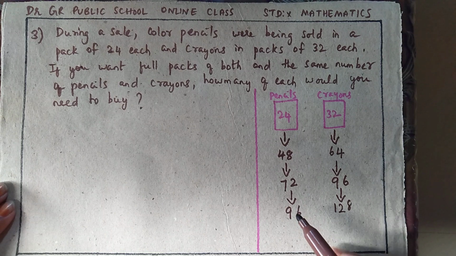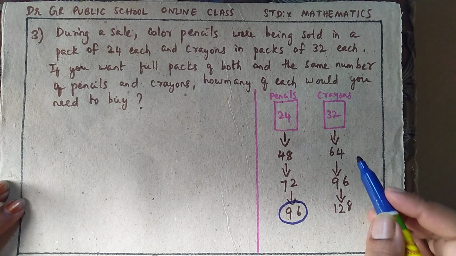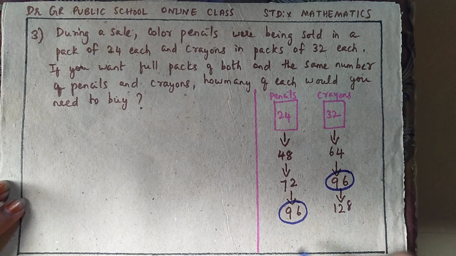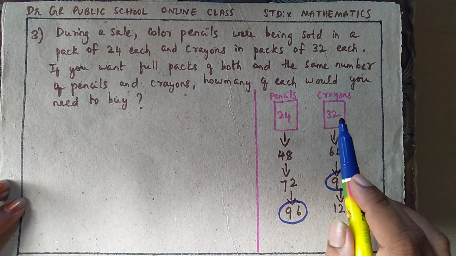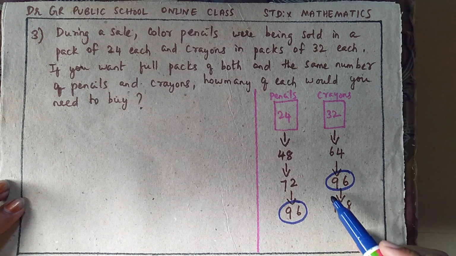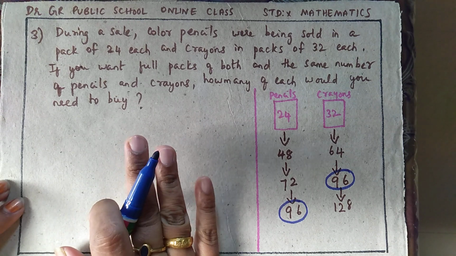So you see here, when you buy 4 packets of pencils, we get 96 pencils, and when you buy 3 packets of crayons, we get 96 crayons. So this is what is expected from this question. That means when you buy the two items, the number of pencils and crayons should be the same. This we need to find out using our problem.